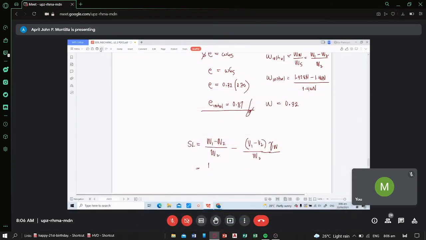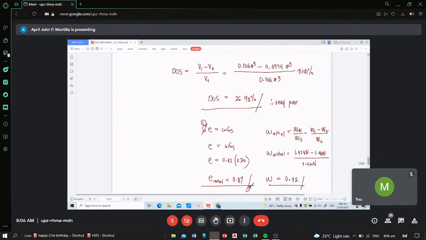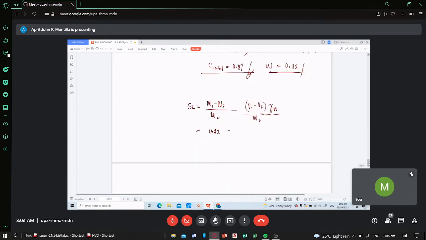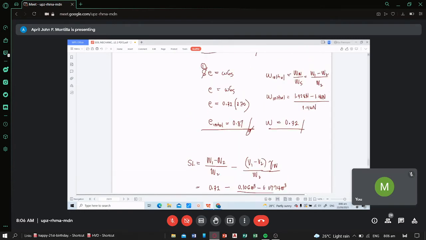Lagay yan yung 0.32. Naka-store value, no? Dapat stored value yon, 0.32 minus V1. Binigay na din sa problem. 0.106, 0.0774 cubic meter over W2, that is W2, 1.46 newtons.